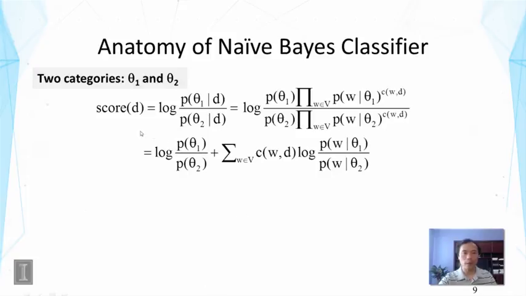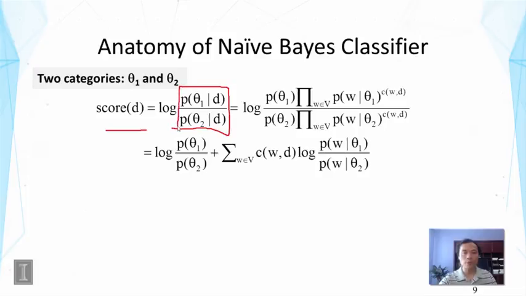Let's say this is our scoring function for two categories. This is the score of a document for these two categories, and we're going to score based on this probability ratio.